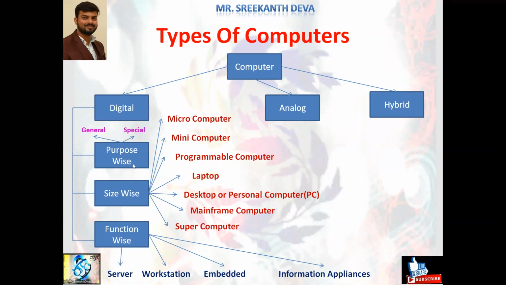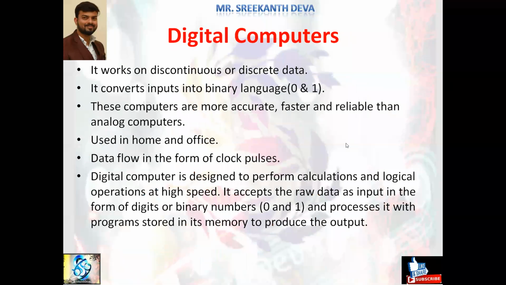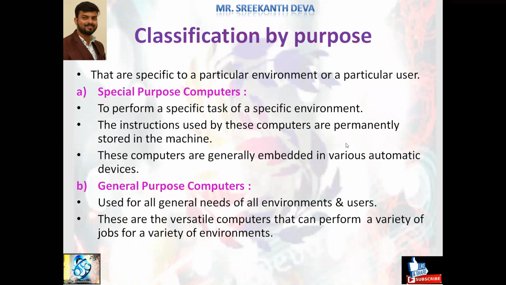For that reason, I am dividing this session into 4 different parts. For purpose wise, today we try to discuss what is general purpose and what is special purpose. We are discussing classification by purpose. There are some needs that are specific to a particular environment or a particular user.